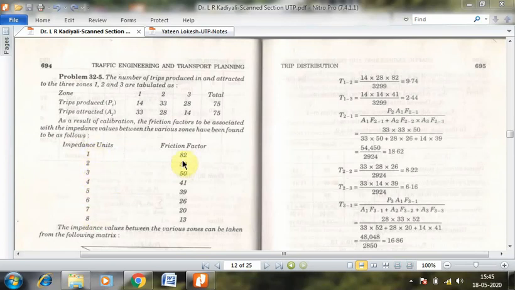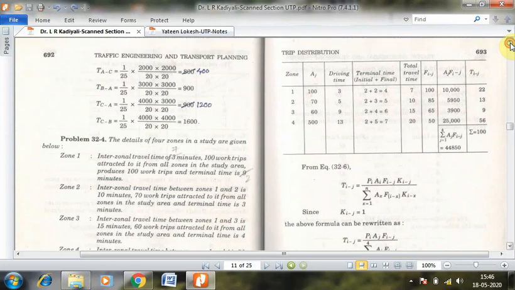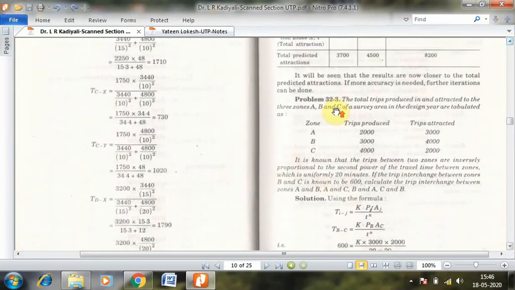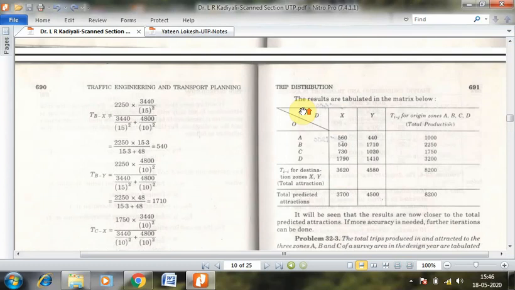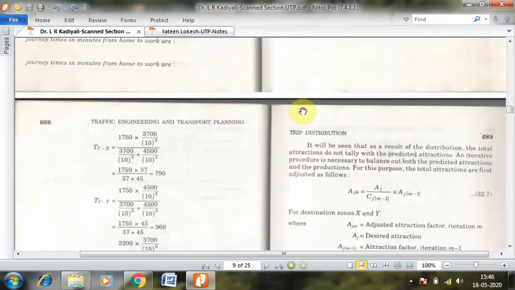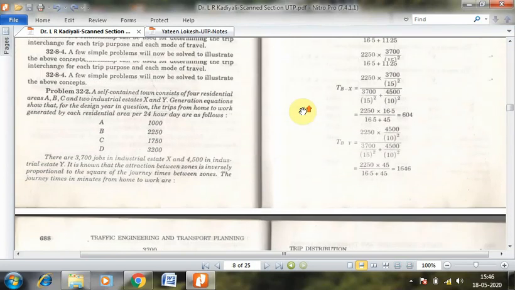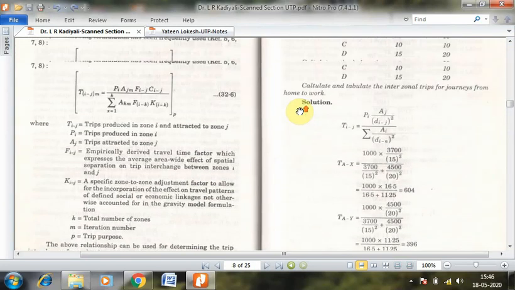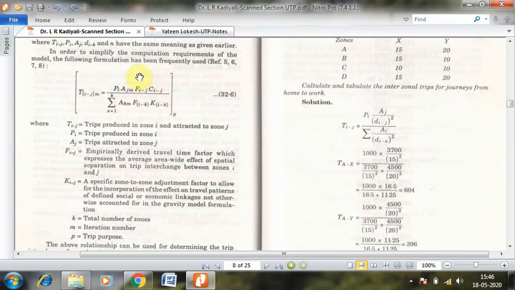Corresponding to these impedance units, you will have the corresponding friction factors, which I had told you, or which was discussed in the previous videos, denoted by F. If you recollect what we had studied in the previous videos, I'll try showing you the general equation. See, this is the equation which I was talking about.